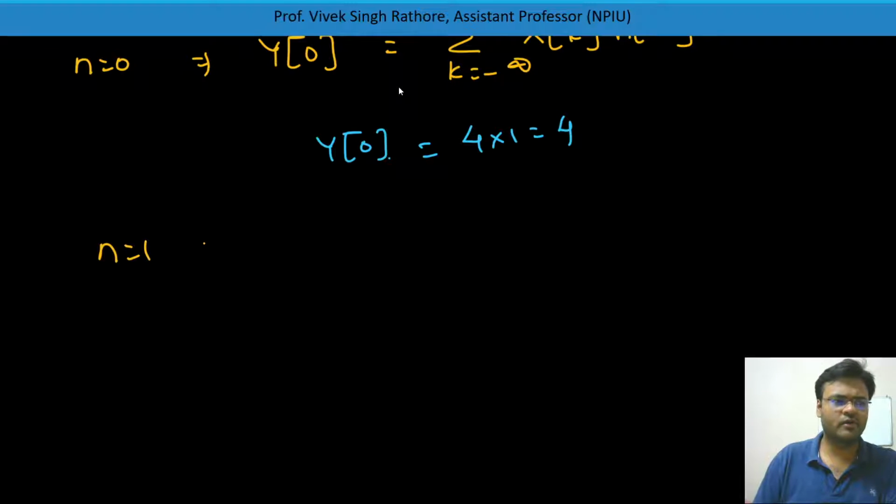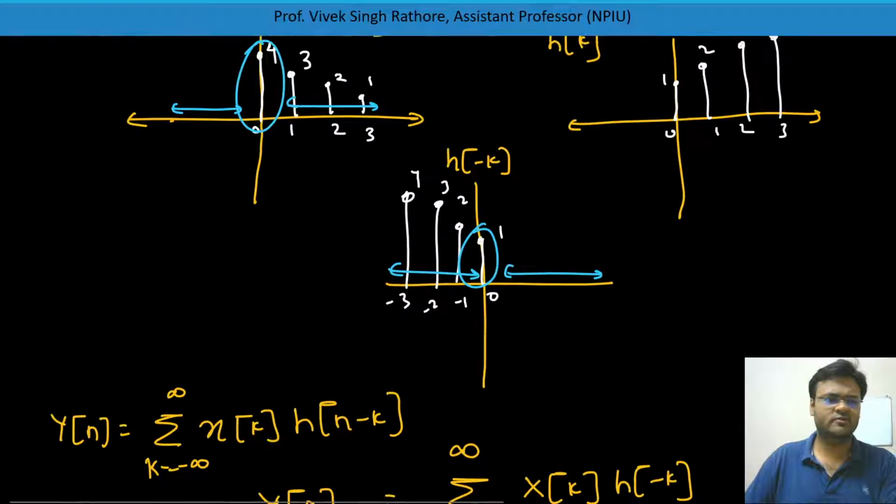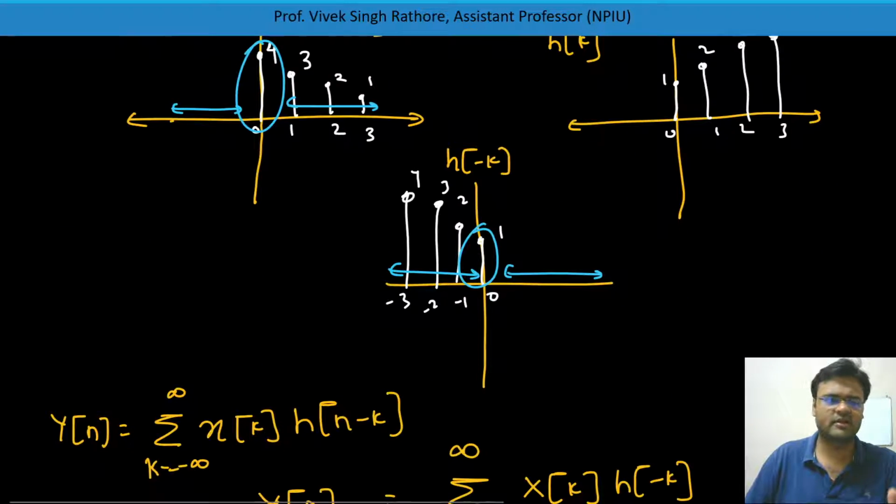For n is equal to 1, what will you do? Y of 1 is the sum from k is equal to minus infinity to infinity of x of k and h of 1 minus k. So 1 minus k means minus k plus 1, and we need to just shift it.